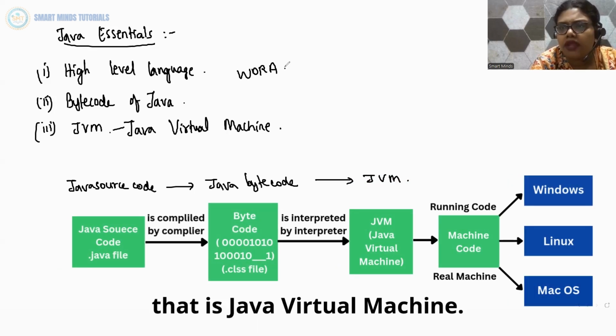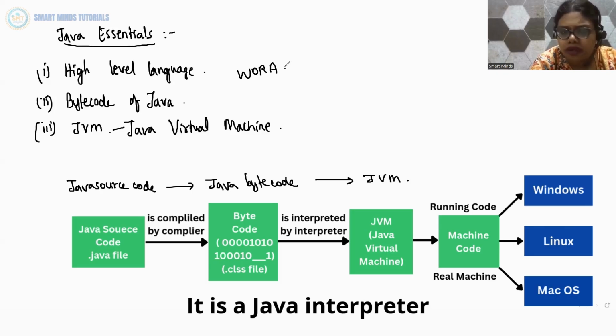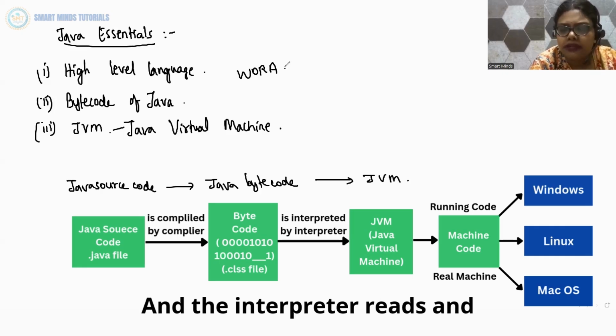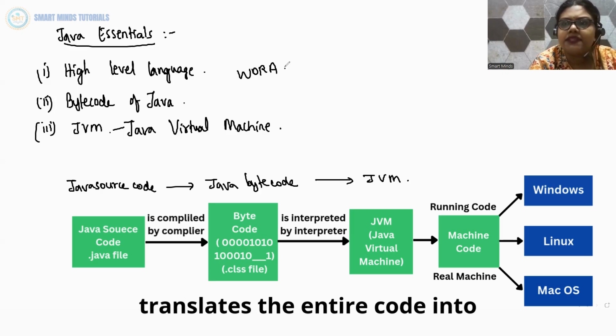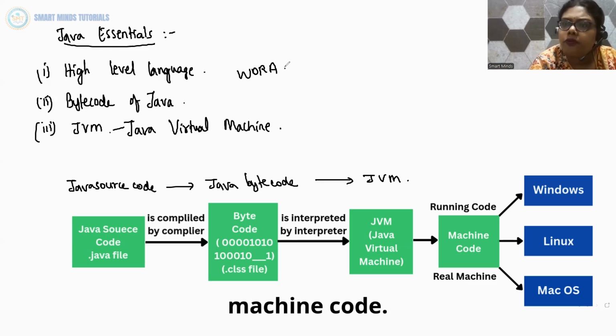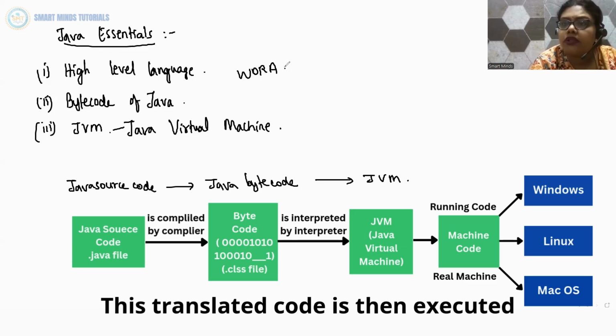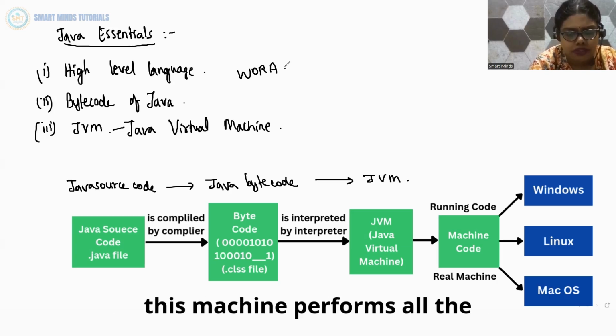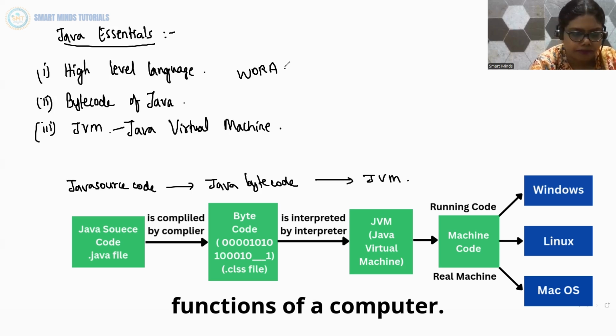And JVM, that is Java Virtual Machine, is a Java interpreter that executes bytecode. The interpreter reads and translates the entire code into machine code. This translated code is then executed by the machine. So this machine performs all the functions of a computer.